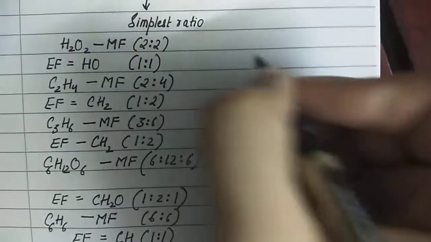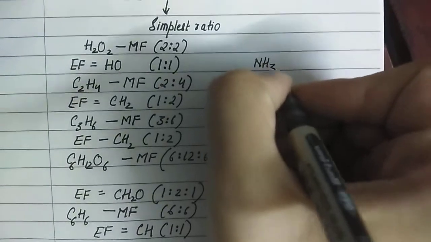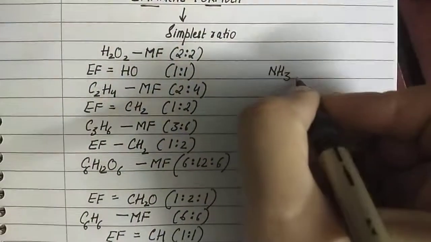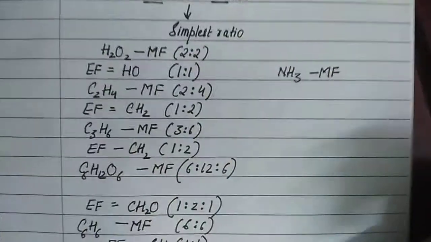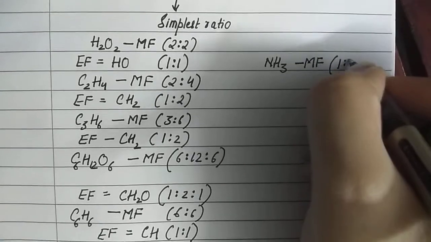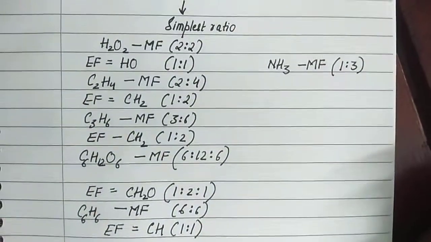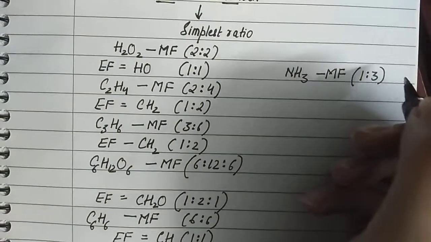Let us have a look at some more examples like NH3, ammonia. Now the molecular formula of ammonia is NH3, where I have 1:3 as the ratio of elements. Now I know that 1:3 ratio cannot be simplified further.